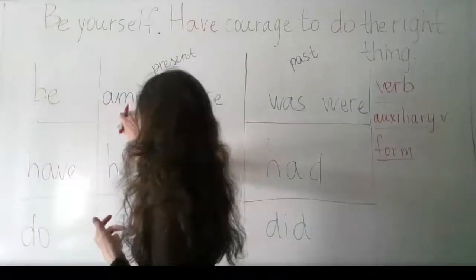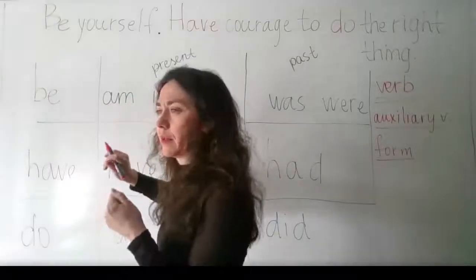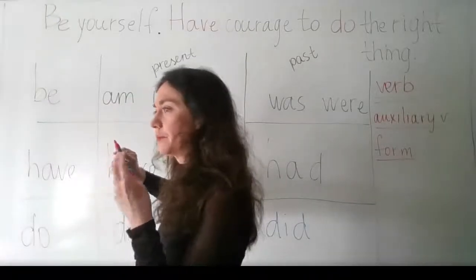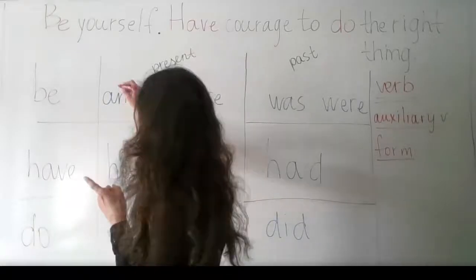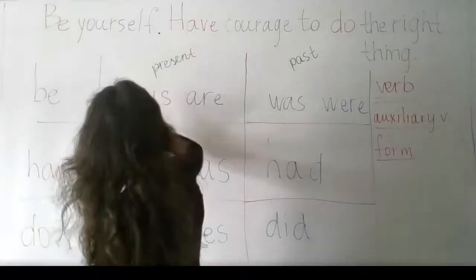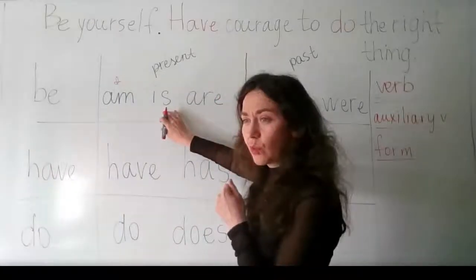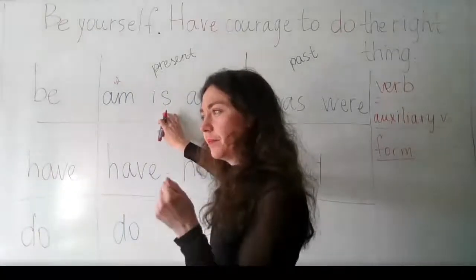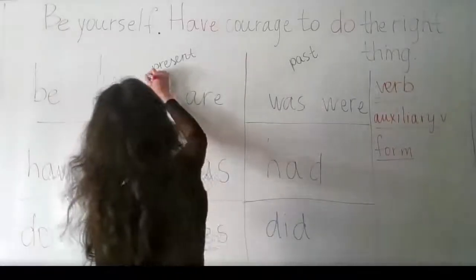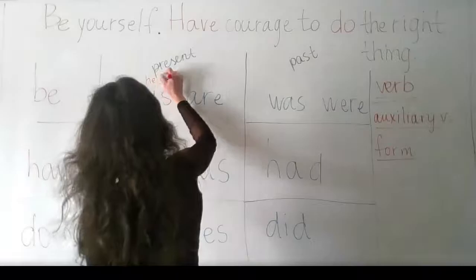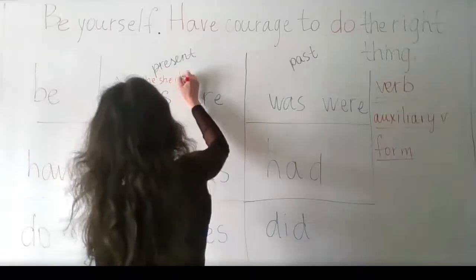Do you know when we use am? You say, I am a teacher. What should I say? I am, right. Is, what do we use is? He is a good boy. He is, you're right. So we have he, we have she, and we have it.